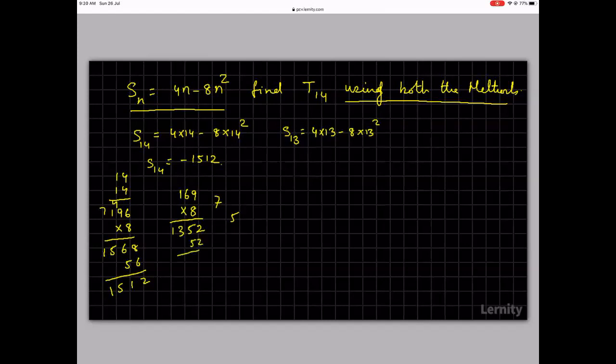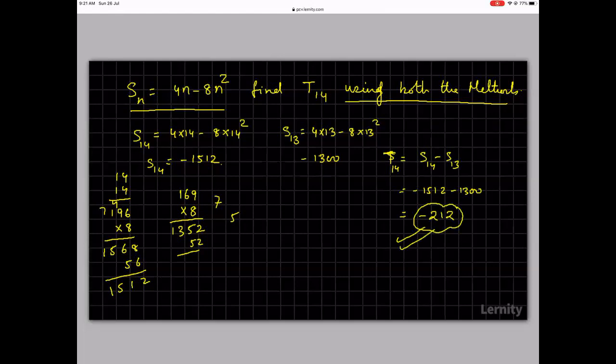So that is minus 1300. Now I asked you for T14. So T14 is equal to S14 minus S13, that is minus 1512 minus 1300. When I do that, I'll get minus 212. So T14 is equal to negative 212.